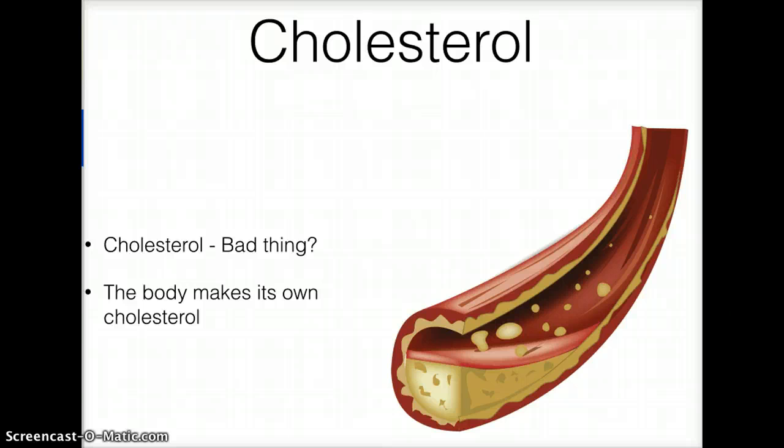Talking about next is cholesterol, which has been given a very bad name because of its connection with coronary heart disease. But actually, your body makes its own cholesterol, as well as obtaining it through whatever you eat, fatty lipids and triglycerides. Membranes require this cholesterol in order to function properly.